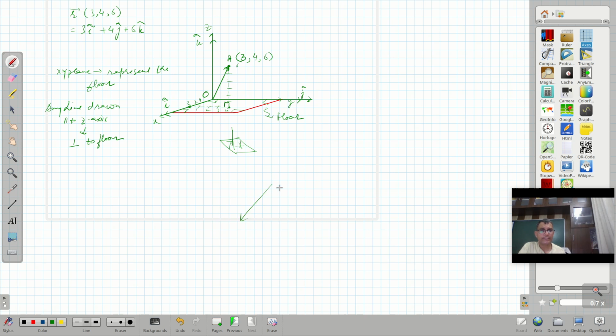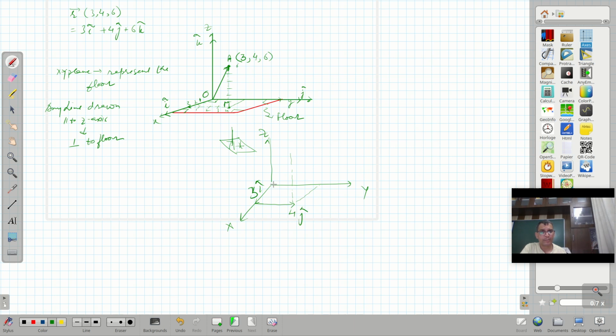Say this is the x-axis, say this is the y-axis, and I have drawn two vectors like this. I am moving along the z-axis. So first, using this diagram, it is 3i cap, and from this I moved along 4j cap.